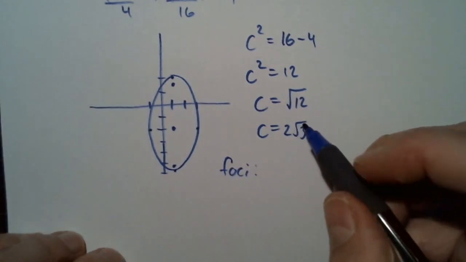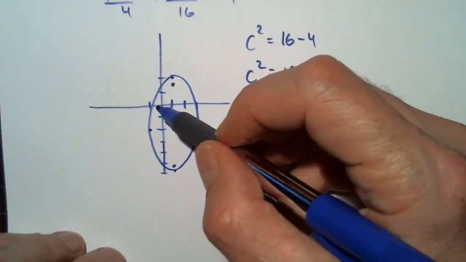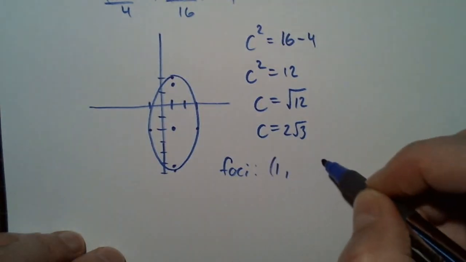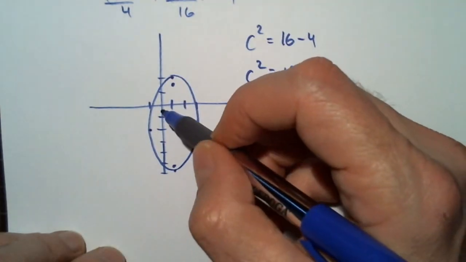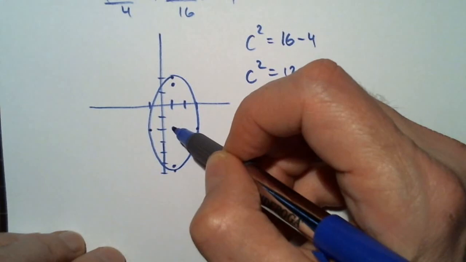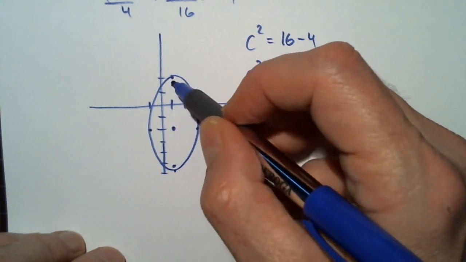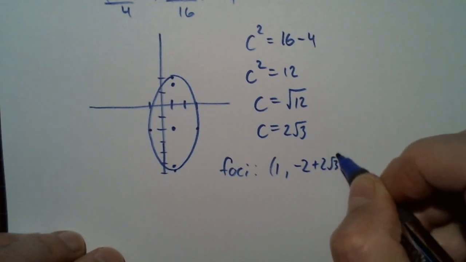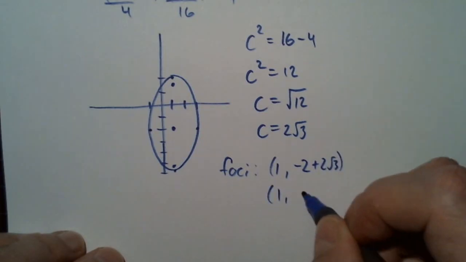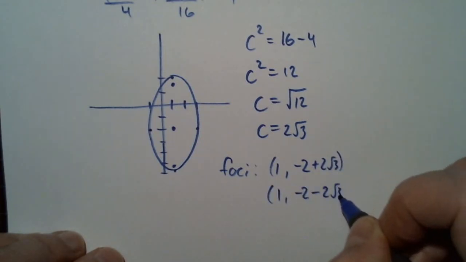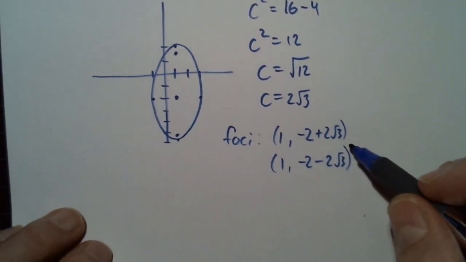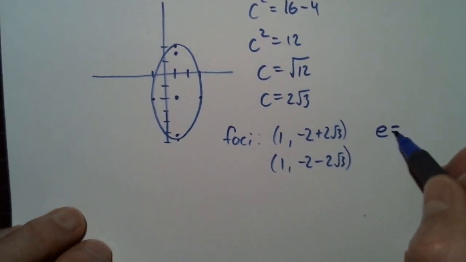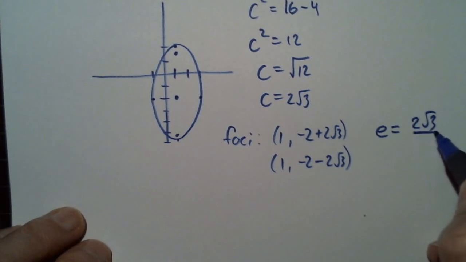So the foci, this point is over 1, and we could start with negative 2 plus 2 radical 3, and then it'll be negative 2 minus 2 radical 3. Coordinates of the foci, eccentricity c over a. A is 4.